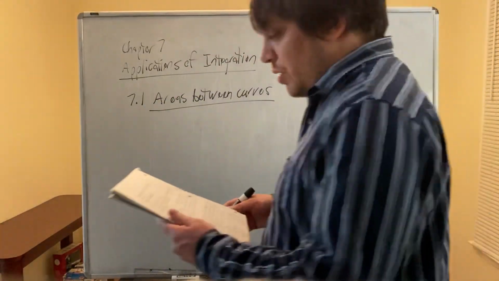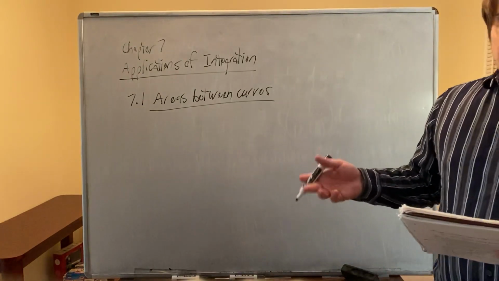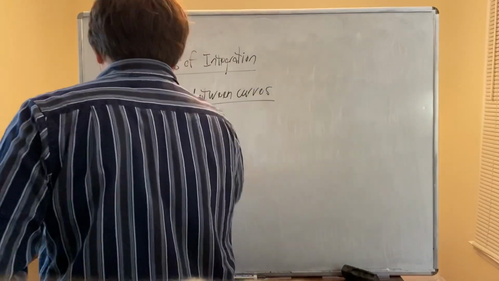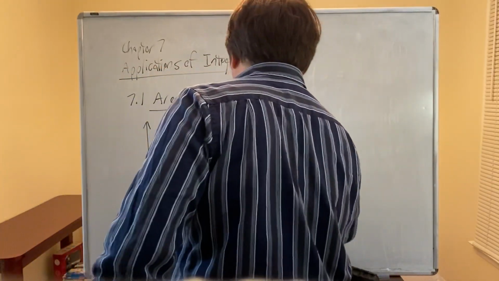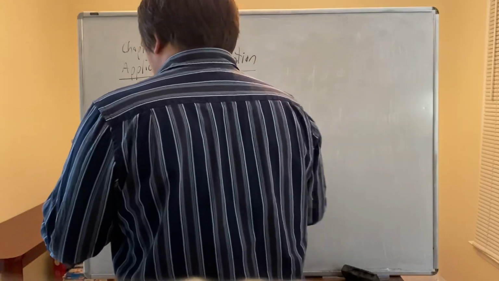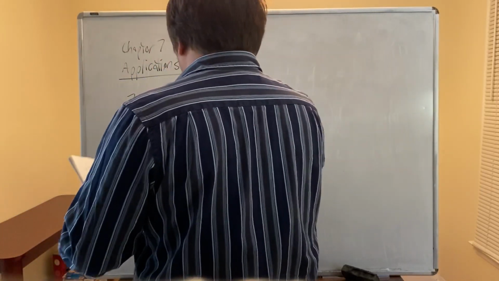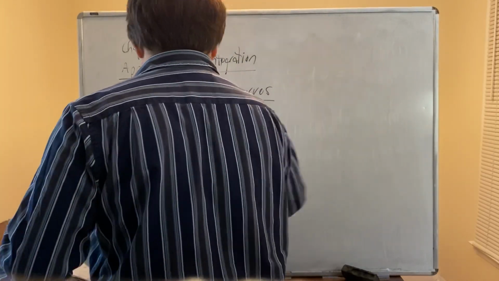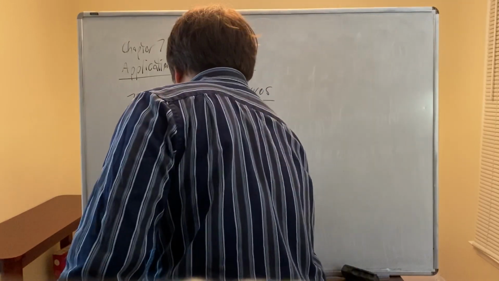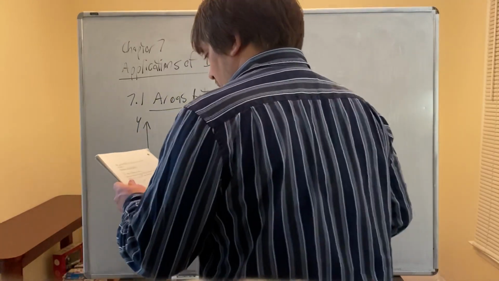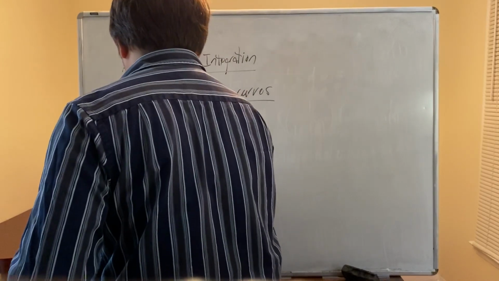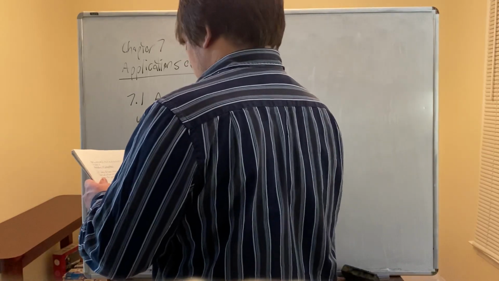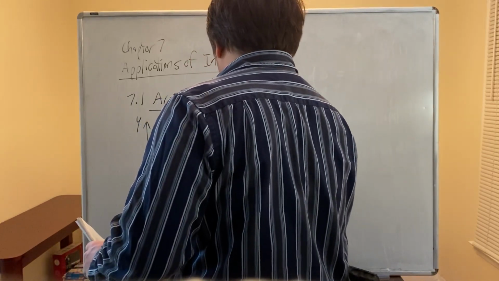Okay. So here we're going to use integrals to find areas of the regions that lie between the graphs of two functions. So for instance, if you have the x-axis here and the y-axis here, and you have a function y equals f of x here, and you have a function y equals g of x here, then you have x equals a here, and you have x equals b here.